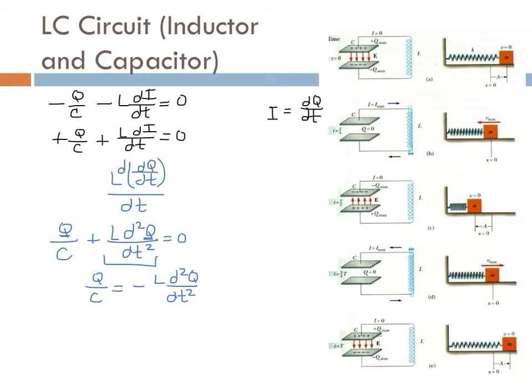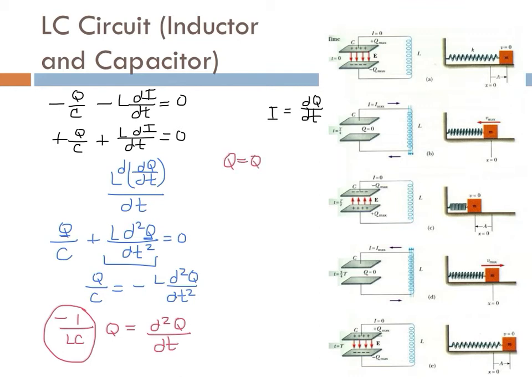So I want to show you that if I move L down to the bottom and I take away that negative, then I have 1 over LC times Q equals the second derivative of Q with respect to t.